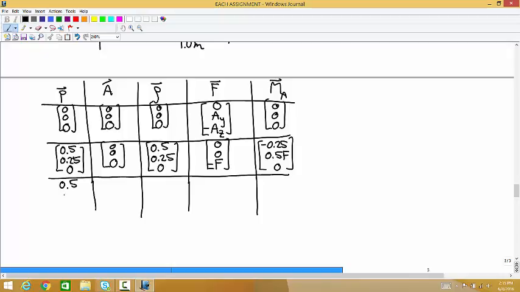So 0.5, 0.25, negative 0.25. About point is 0. So this is the row vector.